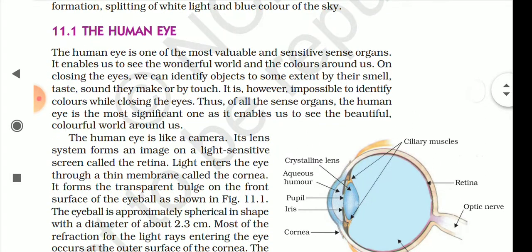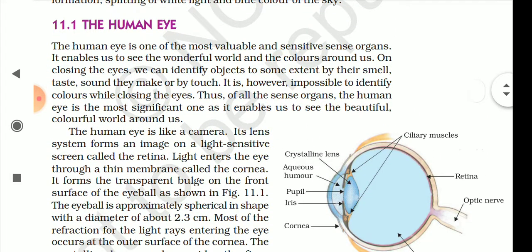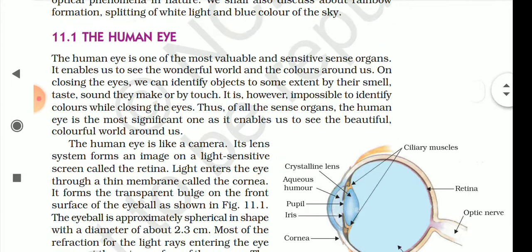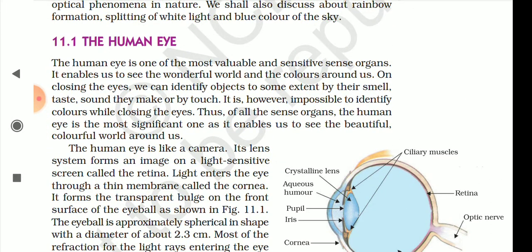Students, as you have studied this earlier also in lower standards, please pay attention over here, as it is quite important to us. The human eye is one of the most valuable and sensitive organs. It enables us to see the wonderful and colorful world around us.